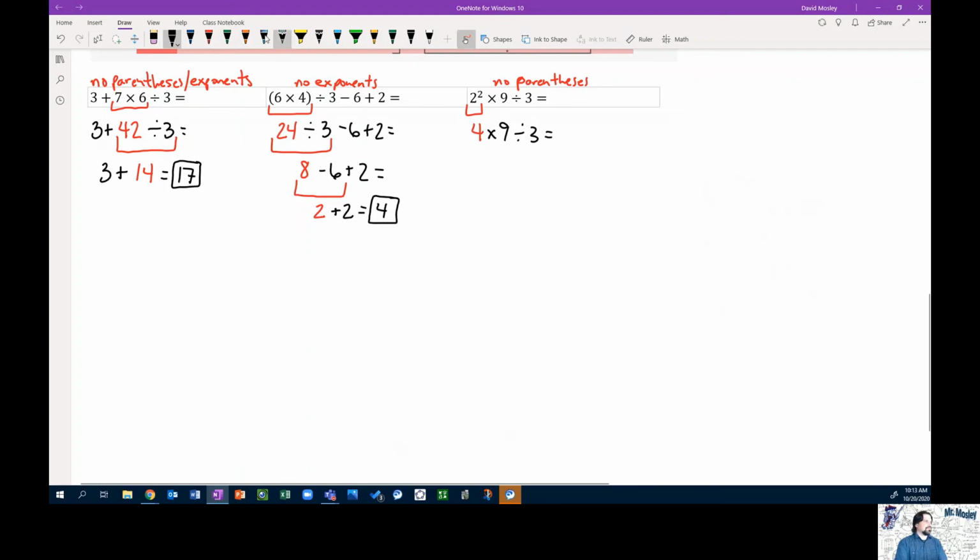Next will be the multiplication because it is first going left to right. 4 times 9 is 36, divided by 3. Then we'll do our division. 36 divided by 3 is 12.